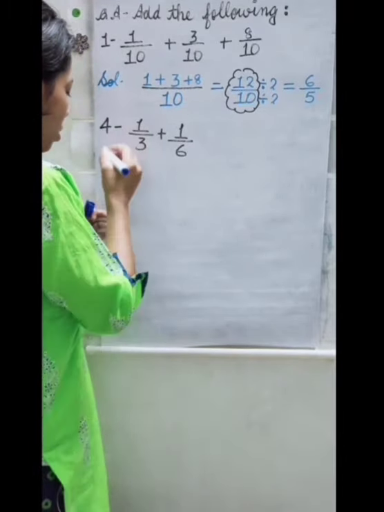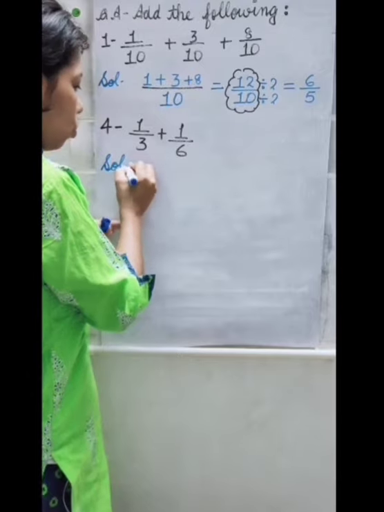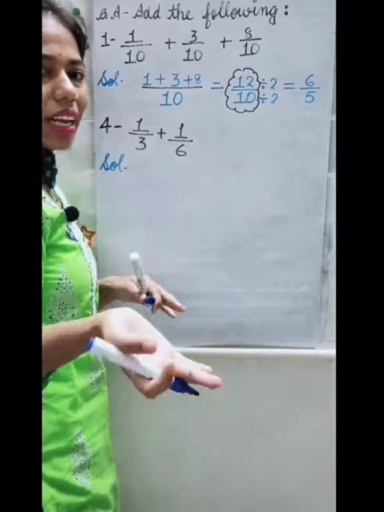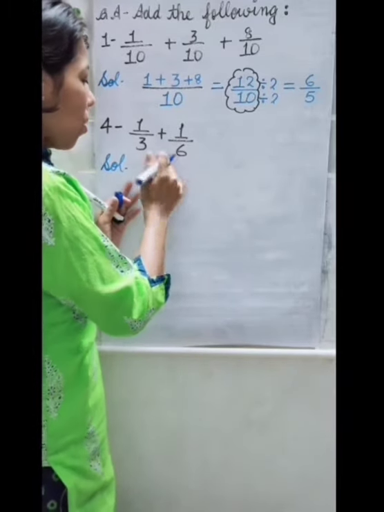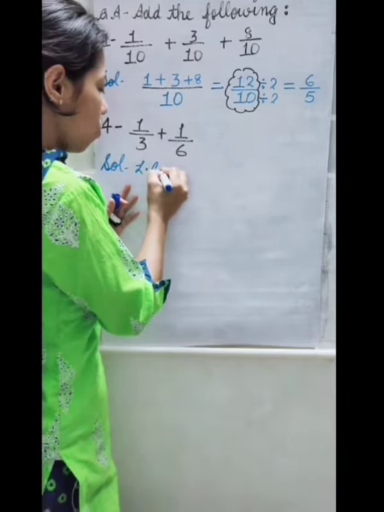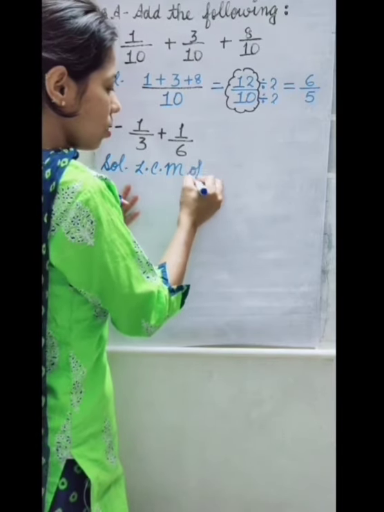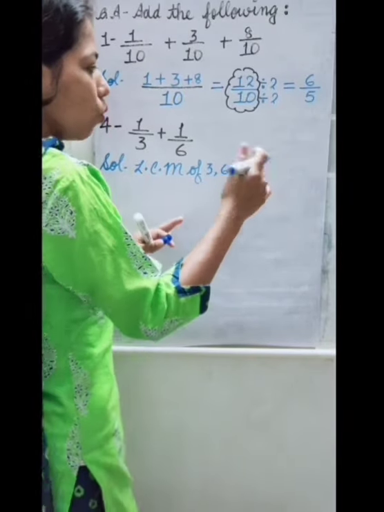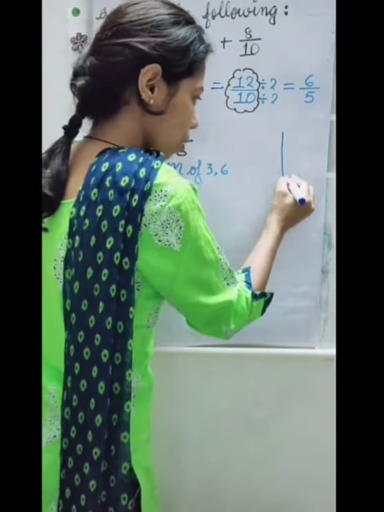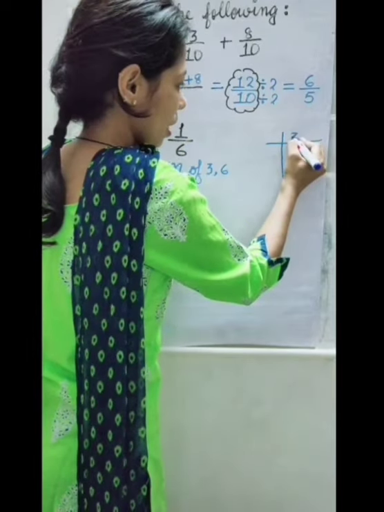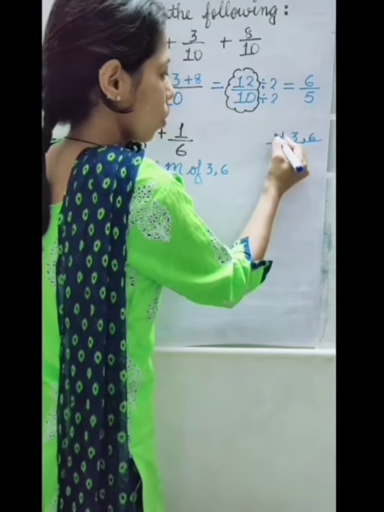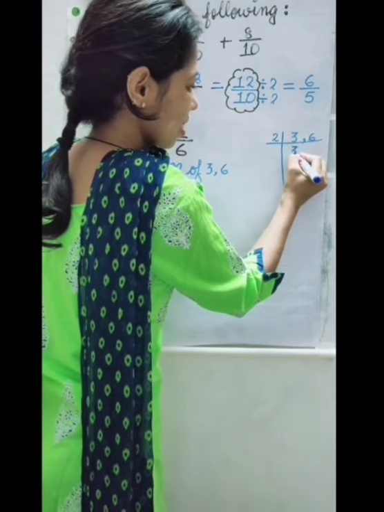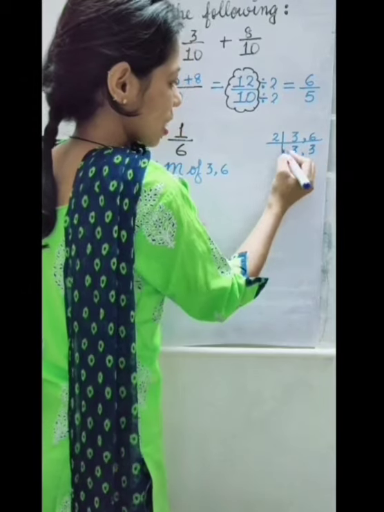As the denominator is different, what we have to do? We have to make it equal. So how will we make it? We can do it directly, but the proper method is to find the LCM of 3 and 6. We have to find the LCM of the denominators, and we know how to find LCM by the division method. 3 will come down as it is. 2 3s are 6.